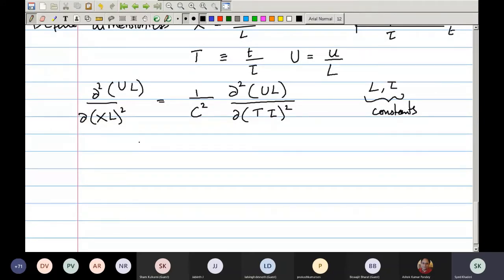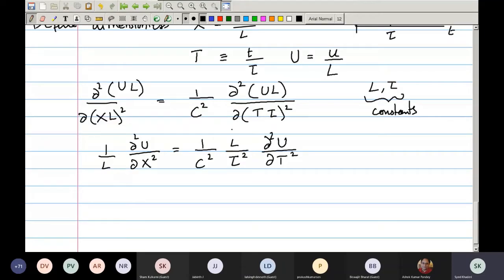I have L square here, so I will get a 1 by L, and 1 by c square, and I have a tau square here. I can bring this L upstairs.